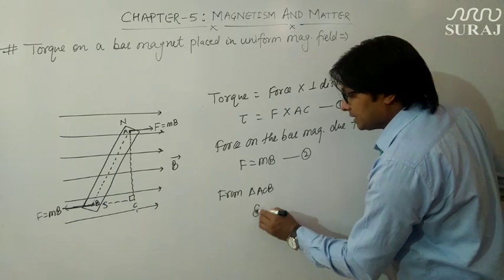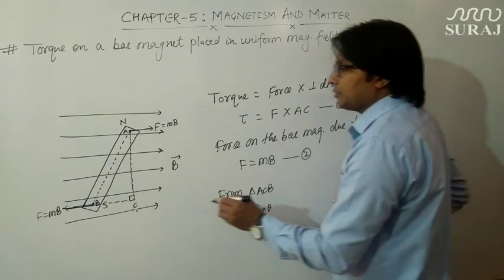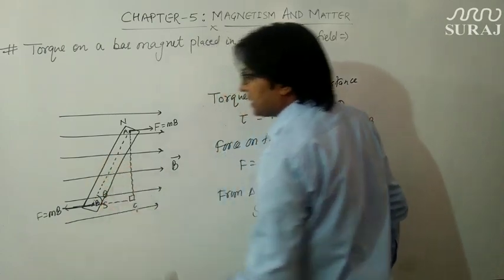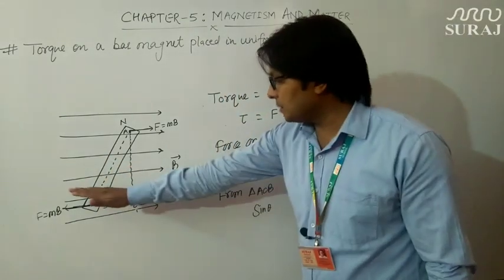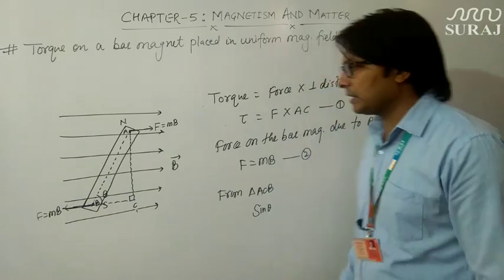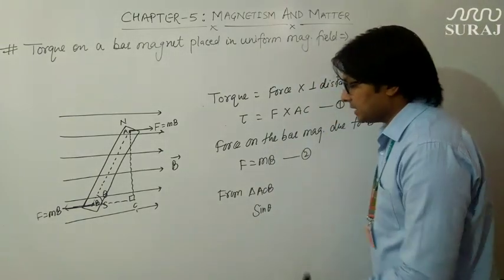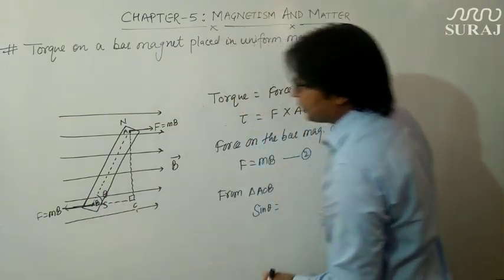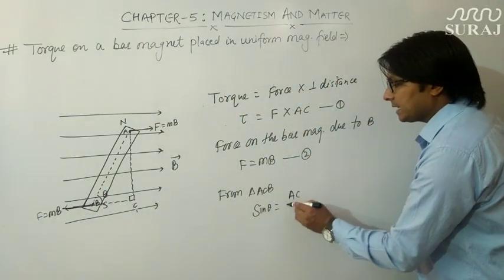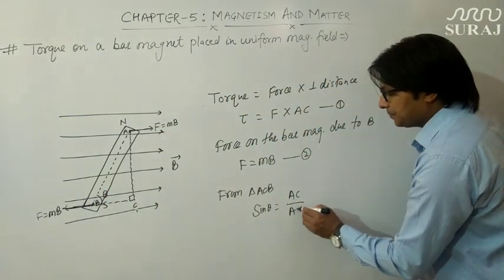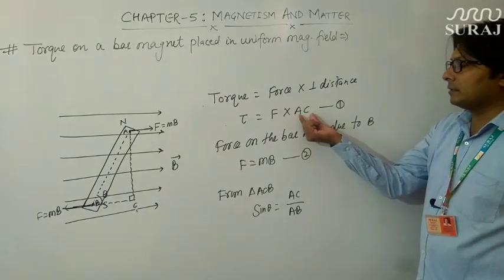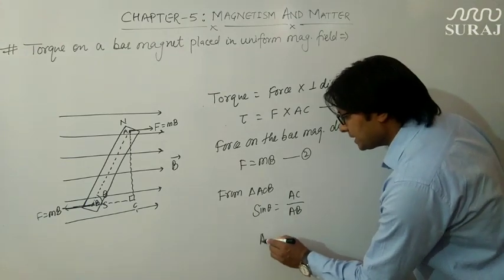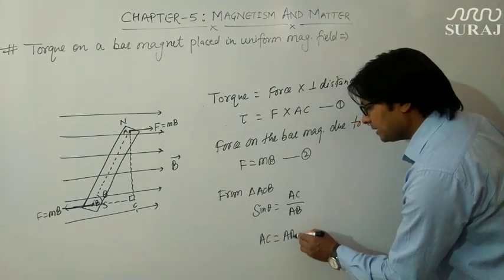If this angle is theta, if this bar magnet is placed making some angle theta with the uniform magnetic field, then sine theta can be written as perpendicular upon hypotenuse. The perpendicular is AC and the hypotenuse is AB, but we want the value of AC, that is the perpendicular distance. So AC can be written as AB sine theta.